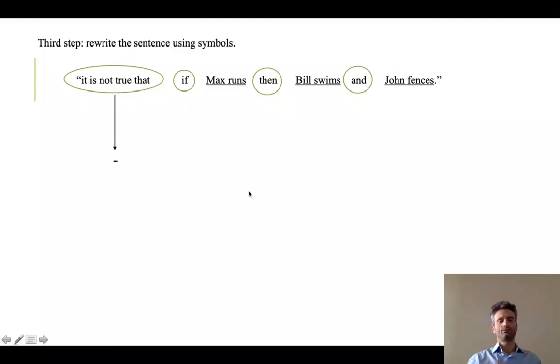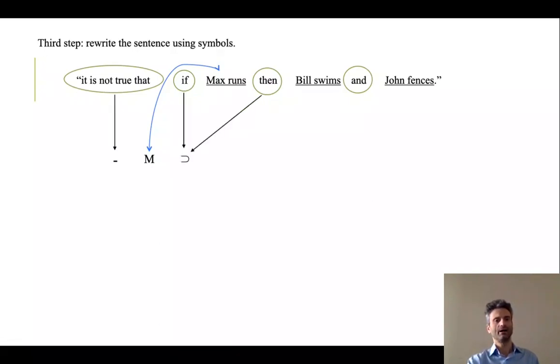Remember the lazy U. So first I put Max runs, and then in between Max runs and Bill swims, I use the lazy U, the conditional sign, the if-then sign. Because remember that the conditional statement is if Max runs, then Bill swims. So I do M, if-then, and then B.